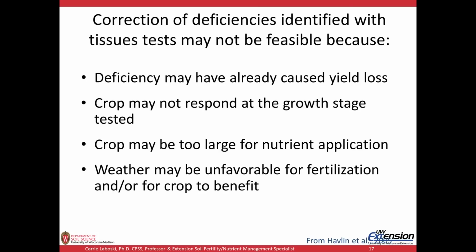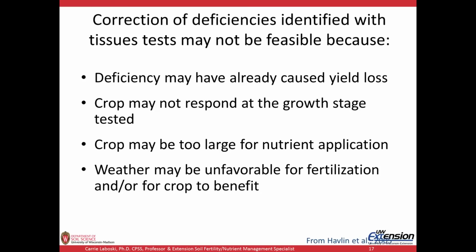It's possible that the crop might not respond at the growth stage it's currently at. Another bigger problem is often the crop may be too large for nutrient application. Now, more co-ops are getting large high clearance equipment. There's more opportunities than there used to be, but it still might just not be able to do anything about it.